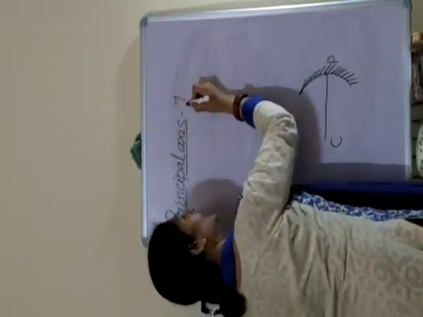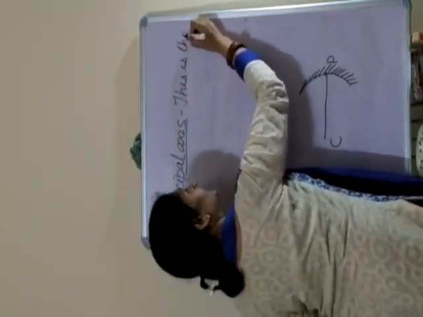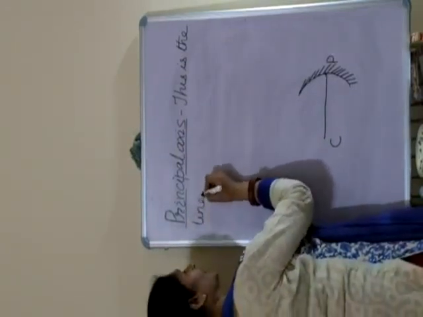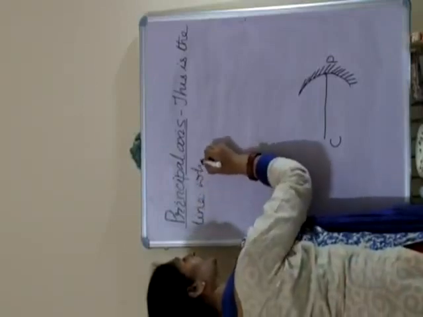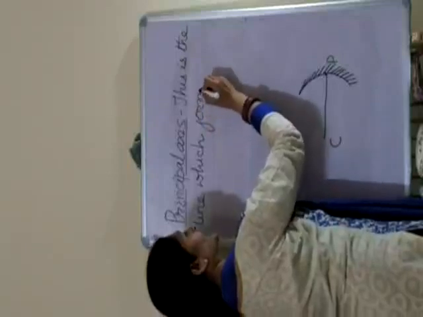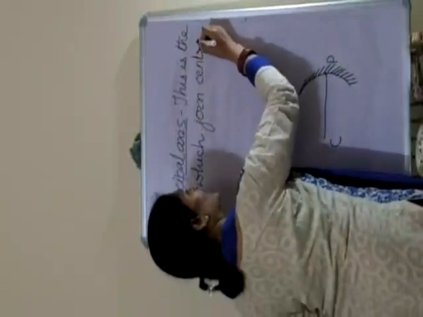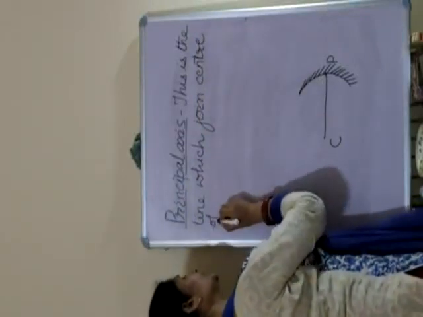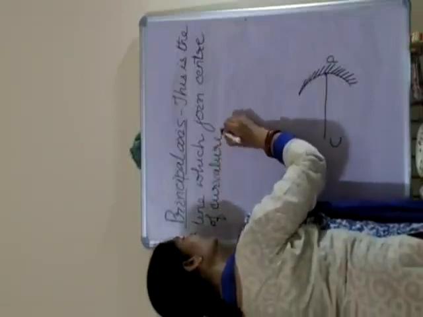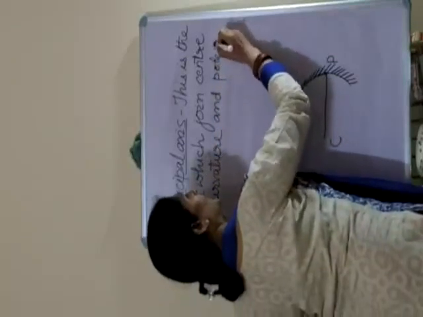This is the line which joins the center of curvature and pole of a mirror.